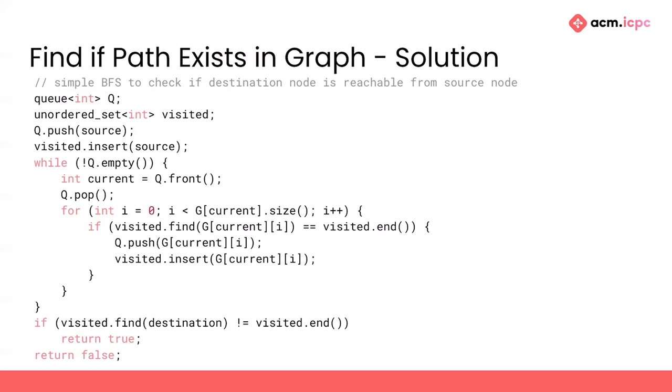Another way to make it more efficient and return sooner is, if we find the destination node while traversing one node's neighbors, then we can just return there instead of returning at the bottom. And if we haven't found it at all, then we'll return false at the end.